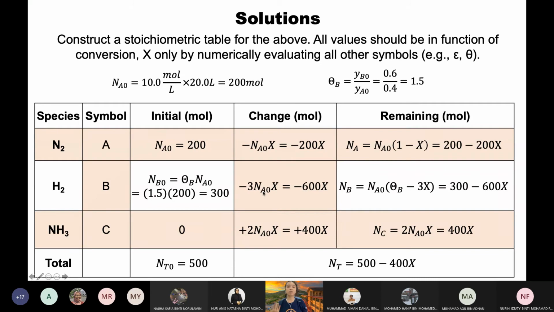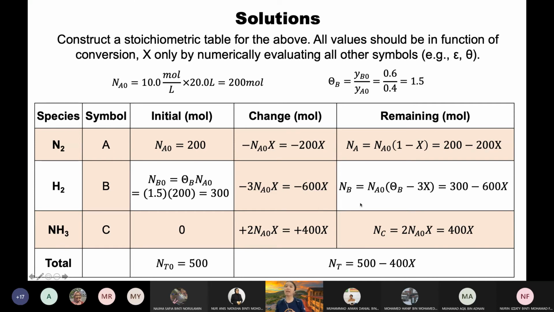The formula is minus B per A NA0x, and B per A is 3. Don't forget it's 3 over 1, but you know we don't write the 1. So minus 3 multiplied with NA0x. NA0 is 200, so 200 multiplied with 3 gives 600. So it becomes negative 600x. That is the change for B, which is negative 600x.